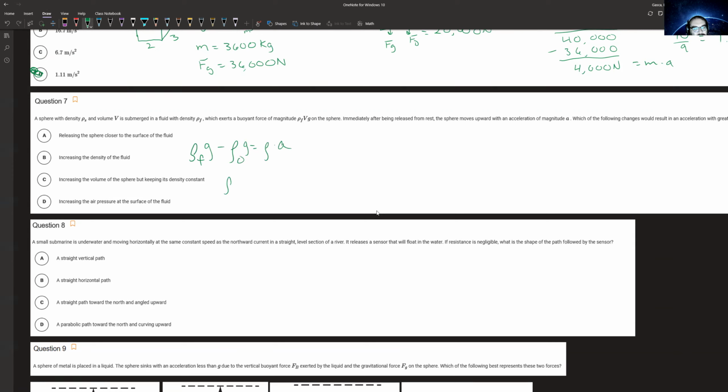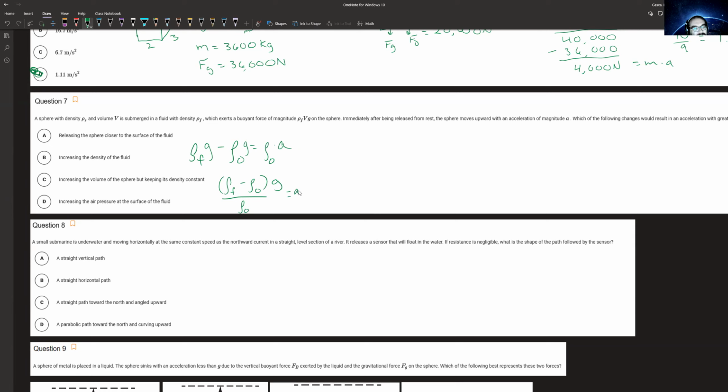And so it's going to be the difference in the densities times the acceleration due to gravity, divided by the density of the object. So we can decrease the density of the object, because this will give us a larger acceleration. We get a larger numerator and a smaller denominator, but that's not an answer choice here.